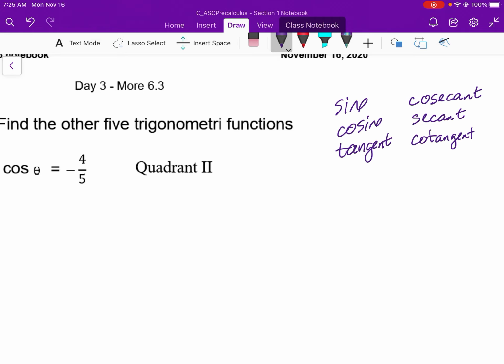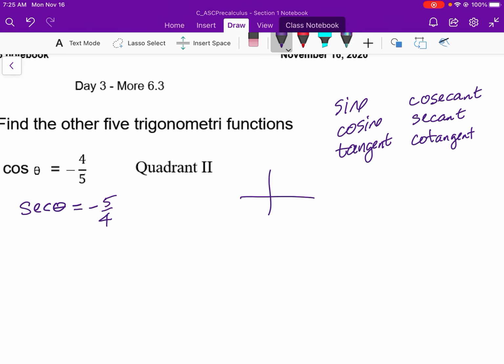So if I know the cosine of an angle is -4/5, I know right away the secant, because the secant is the reciprocal, which is -5/4. So I got one out of the way.